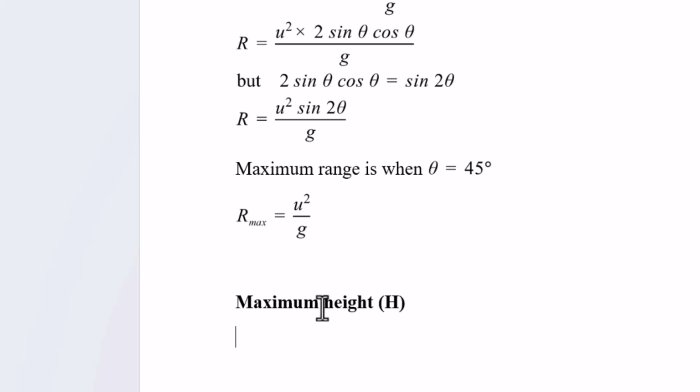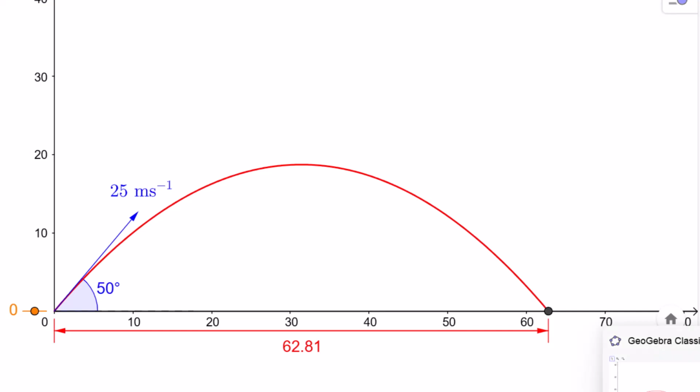I will use the third equation of motion, which is v squared equals u squared. Remember, we are rising up, so we are talking about the highest point you can get to here. That is the maximum height. So this is your maximum height.